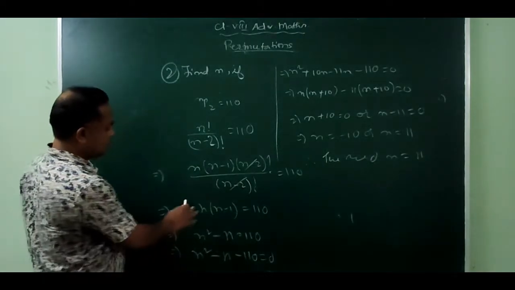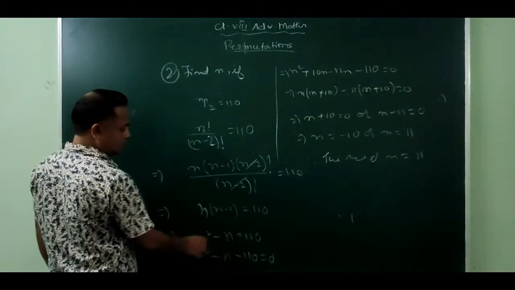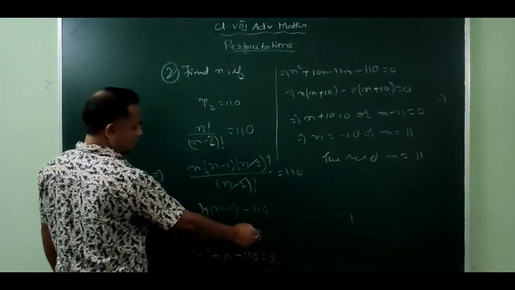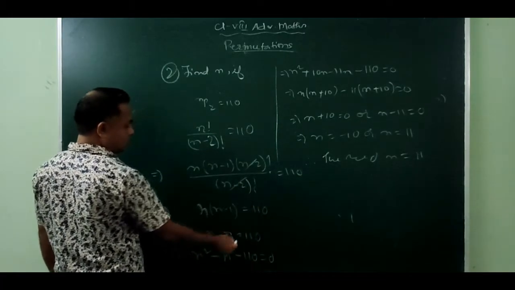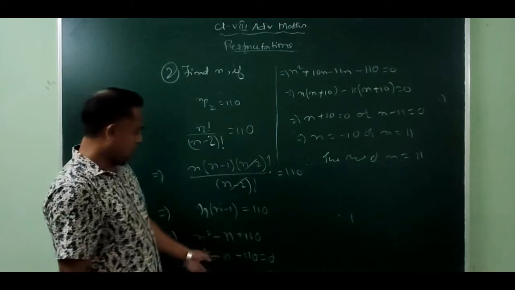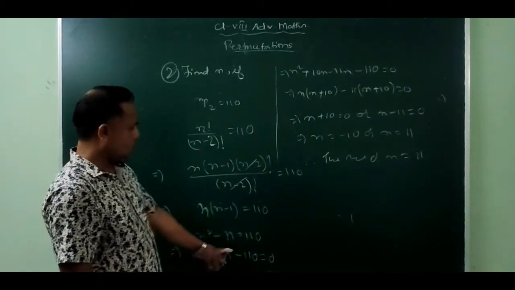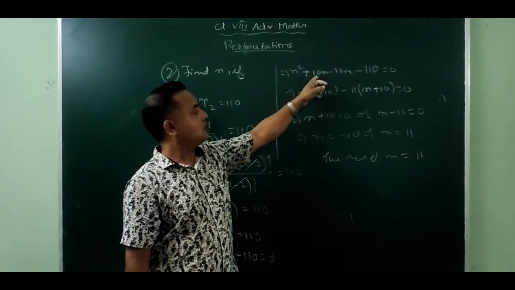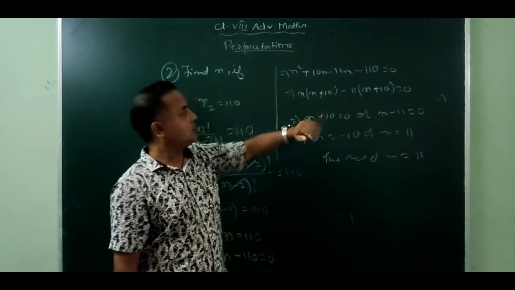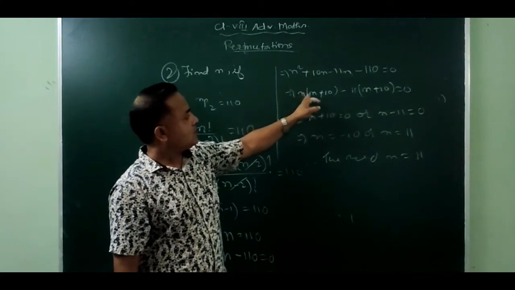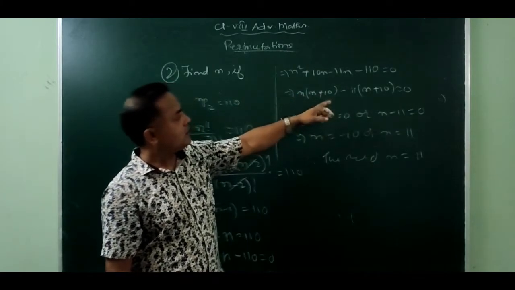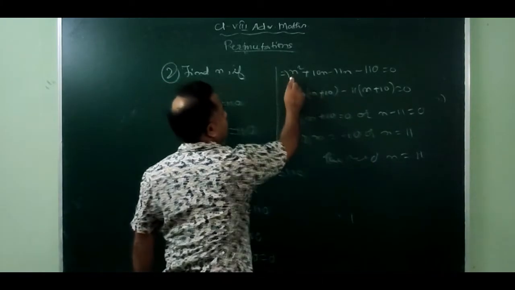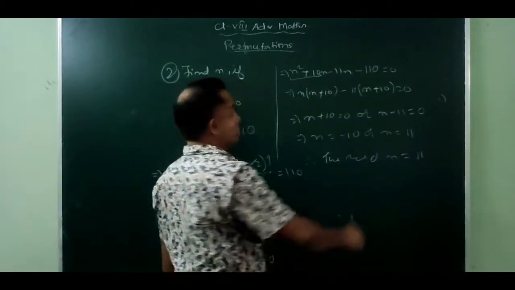Now n square minus n is equal to 110. So transferring 110 to the left hand side, we get n square minus n minus 110 equal to 0. Now after factorizing, we get n square plus 10n minus 11n minus 110 equal to 0. I have taken the common factor of two terms, and then of the other two terms.